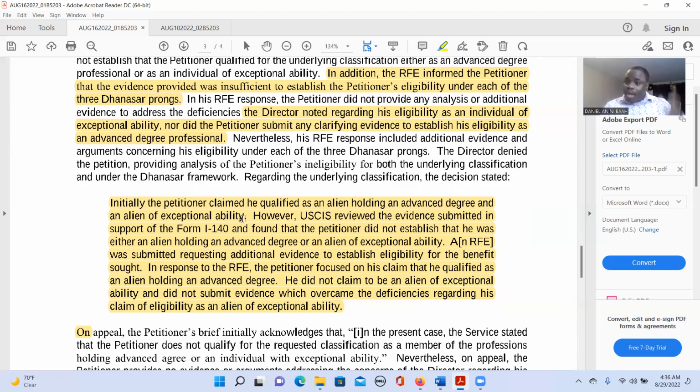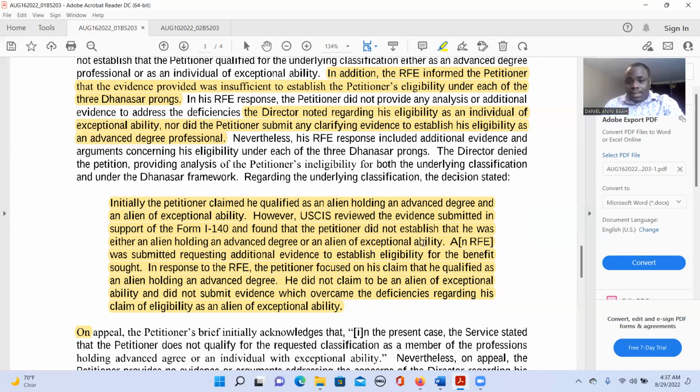It's possible you can have an advanced degree and still meet 3 out of those criteria. However, USCIS reviewed the evidence submitted in support of the Form I-140 and found that the petitioner did not establish that he was either an alien holding an advanced degree or an alien of exceptional ability.